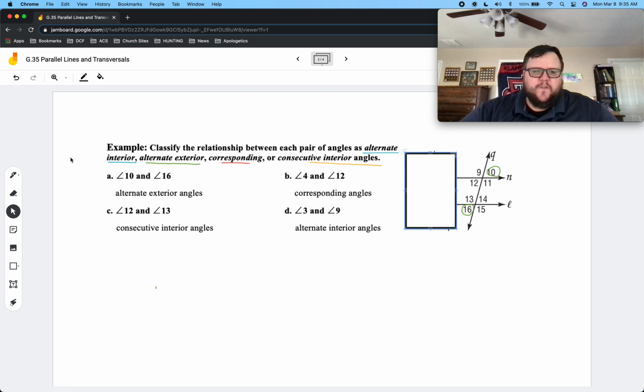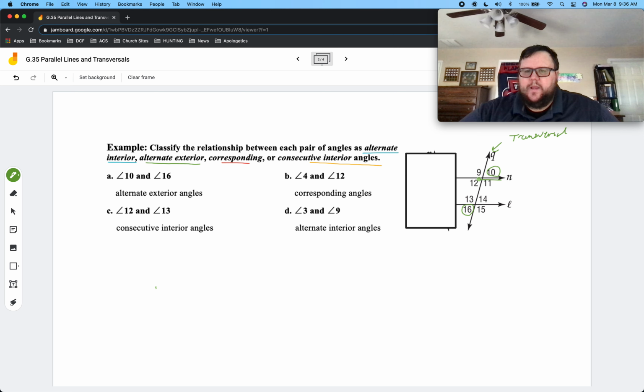So, first thing we notice is they are on opposite sides of the transversal, where Q is our transversal. So if Q is our transversal, they're on opposite sides, so that means alternate.